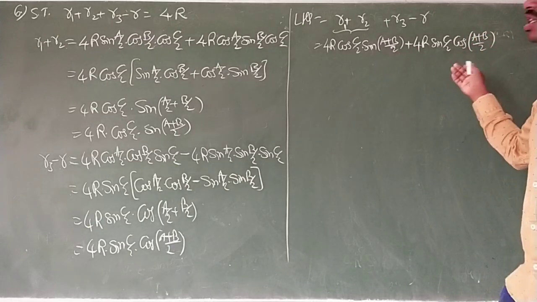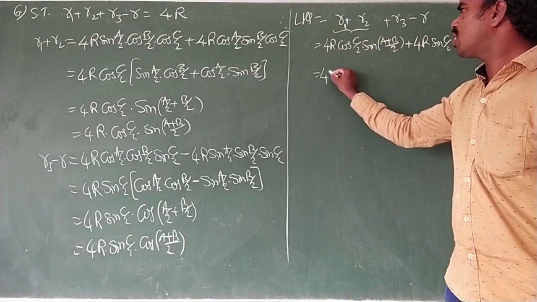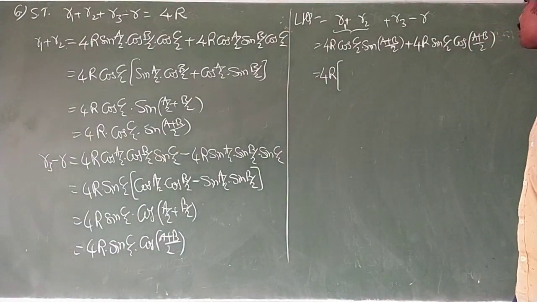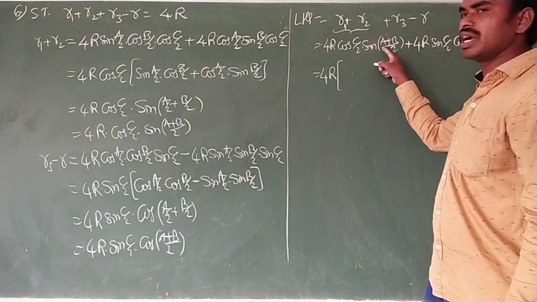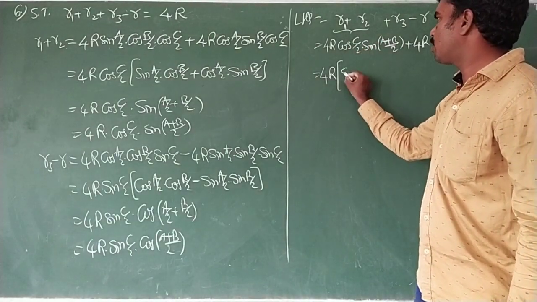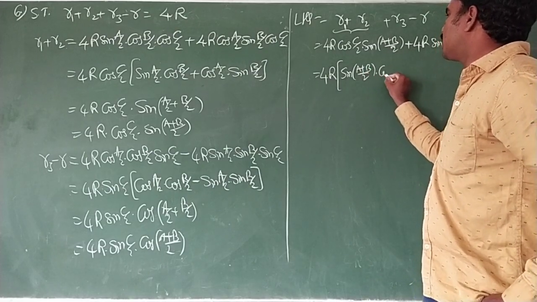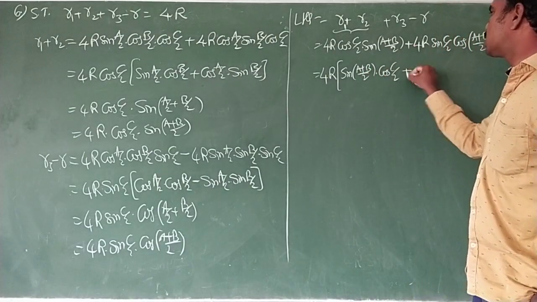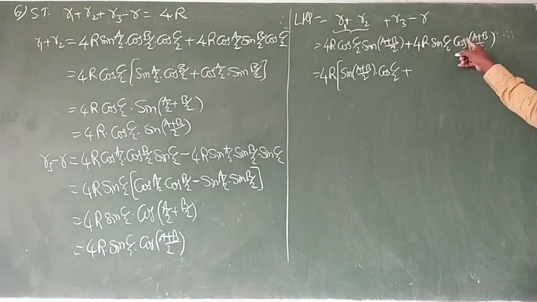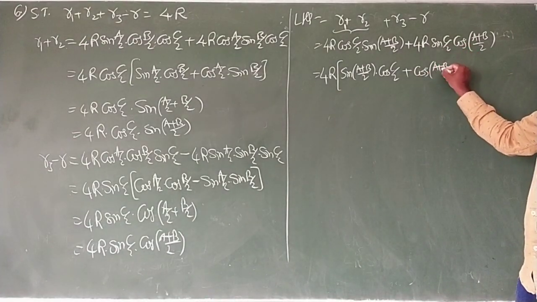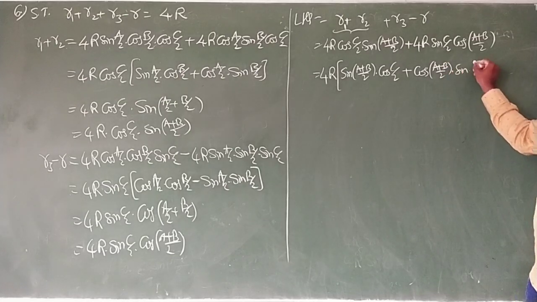Now see what is common again? Again 4R is common. Only 4R is common. Then the terms are, first I am writing sin, then cos, no problem: sin of (A+B)/2 into cos C/2, and plus, here also first I write cos, then sin: cos of (A+B)/2 into sin C/2.